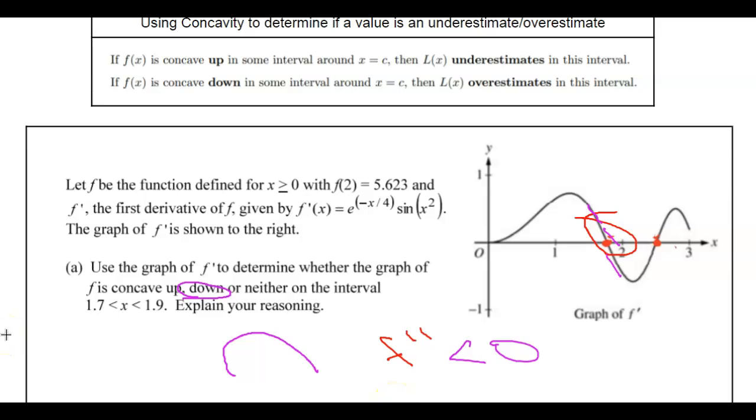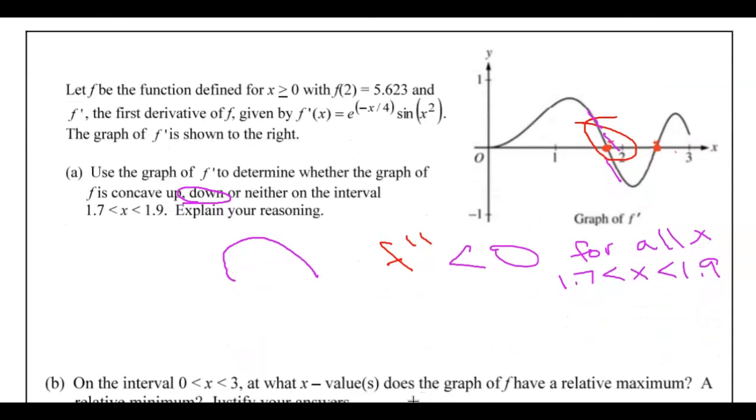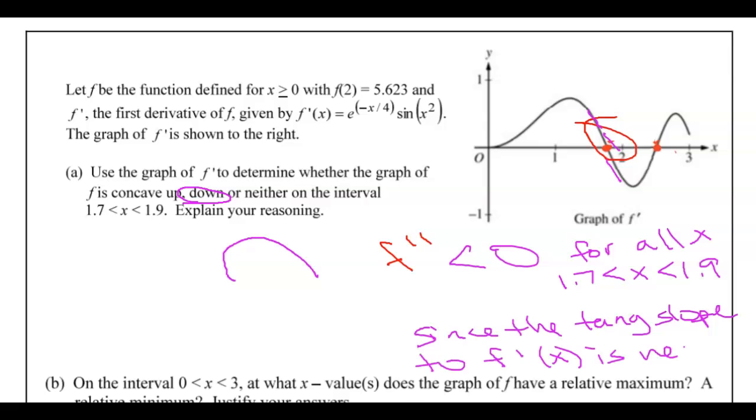F double prime is less than 0 for all x from 1.7 to 1.9, since the tangent slopes to f prime of x are negative. Okay?